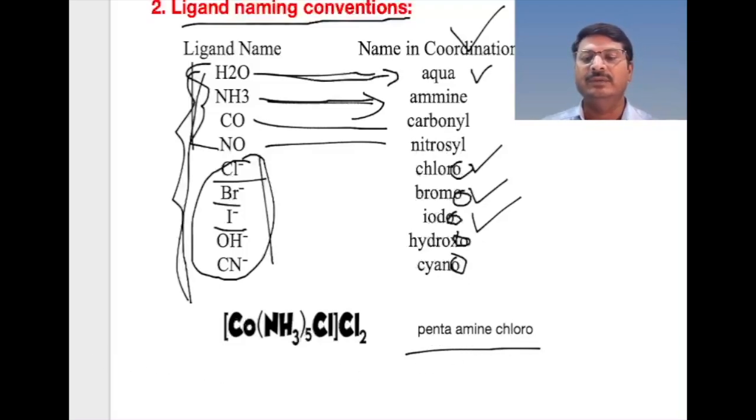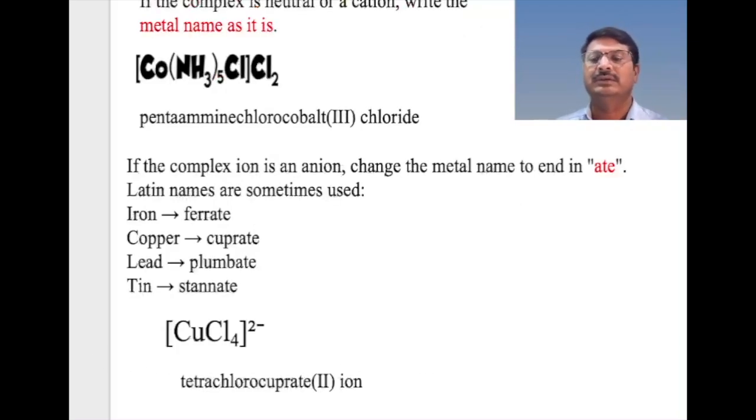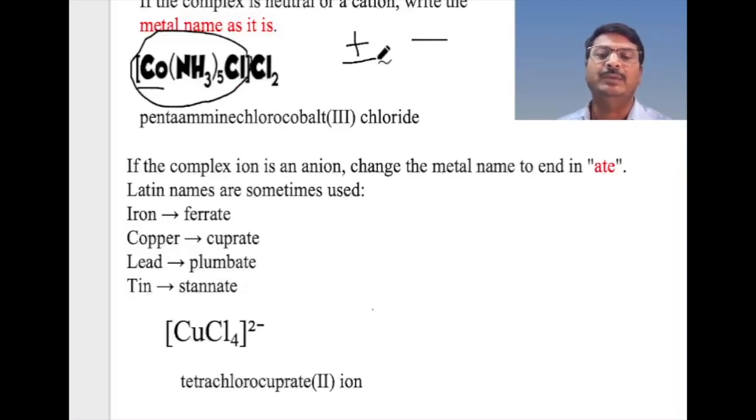After the ligand name, you have to write the central metal name. When you write the central metal name, next you have to check whether the complex moiety is positive or negative. If the complex moiety is positive, for example in this example the complex has a +2 charge, the central metal name is written as it is.